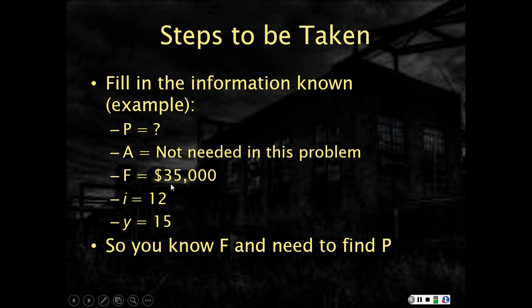The future value is $35,000. They gave me an interest rate of 12%, and they gave me the number of years that I have to do it in, 15. So basically, if we look at all these variables, I know F, and I need to find P. I know the future value, I need to find the present value.